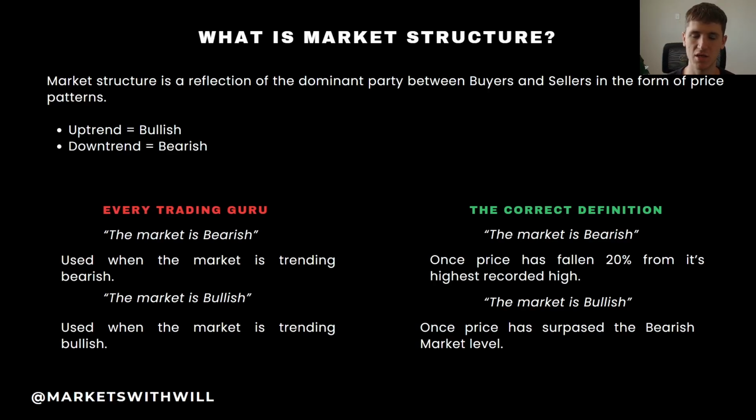So if they're trading USD JPY, they're saying that the entire asset is bullish or bearish, which could very likely not be true. So the correct definition is if price has fallen 20% from its highest recorded high in history, that means the entire asset is bearish. And the market is bullish once price has surpassed the bearish market level, that 20% mark, which I'm going to show you on the charts.